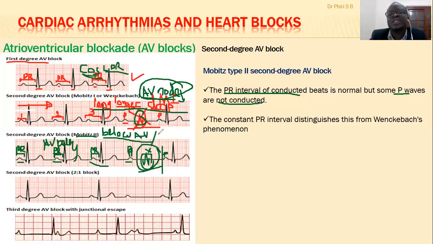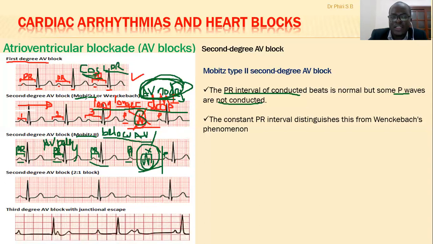And the other difference is that when you do a vagal maneuver, when you stimulate the vagus nerve, you find that the vagus nerve will have an effect on Mobitz type 1 because these cells are the ones that are not functioning well.